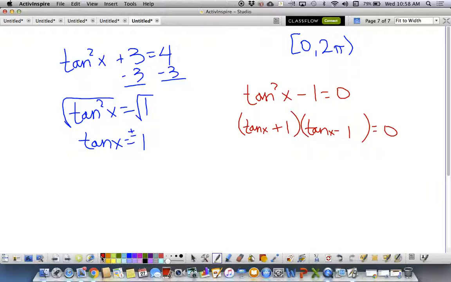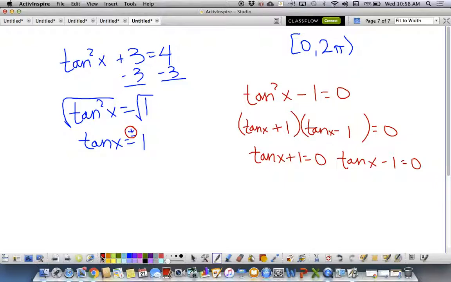Then you set each one equal to 0 and you're given two different solutions: tan x equals 1 and tan x equals negative 1. It will be the same thing, yes. This one will give it to you automatically. This one you have to remember positive and negative. So you're still left with tan x plus 1 equals 0, tan x minus 1 equals 0.